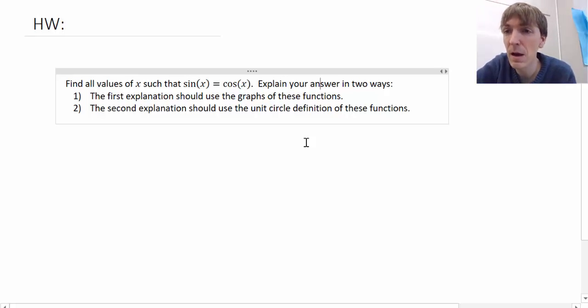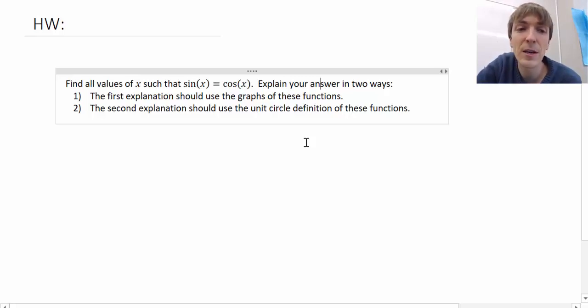Okay, and I'd like you to go further and explain your answer in two different ways. One way using the graphs of those functions, and in fact, you might scroll or rewind this video until you get to the part where both the graph of sine and cosine are on the same axes. That should give you a pretty short answer to this question when you look at that.